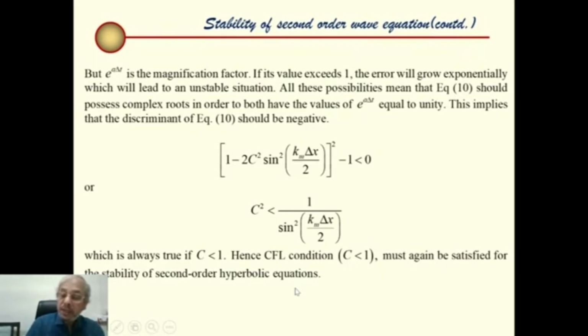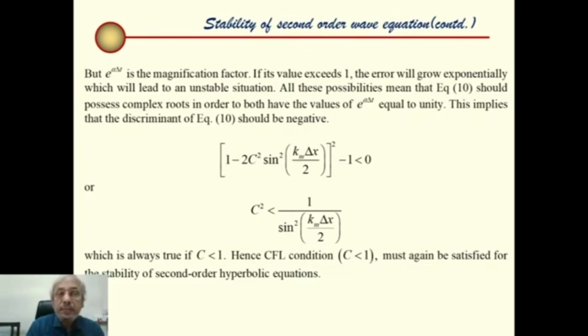So we have seen parabolic equation for which restrictions were posed on the coefficient of diffusion, time step, and the grid size. Then we have seen first order wave equation where condition was Courant number less than 1.